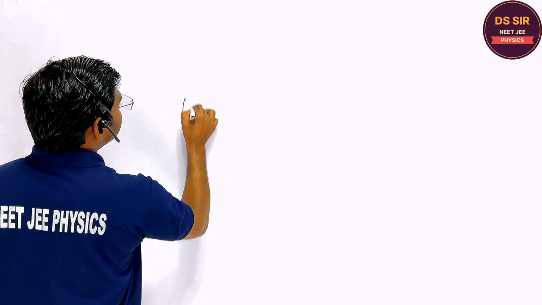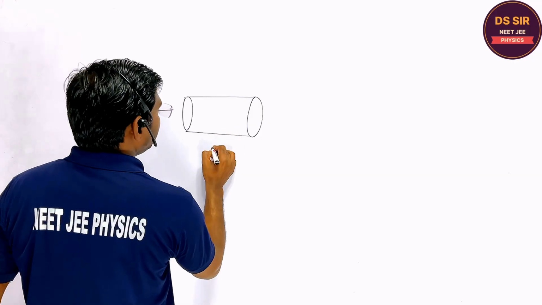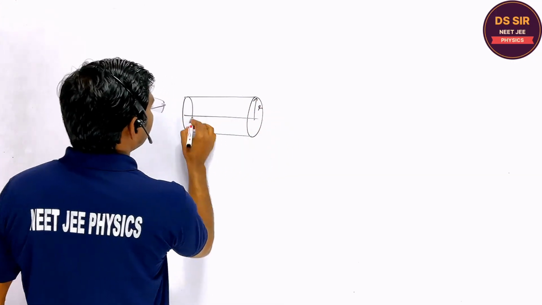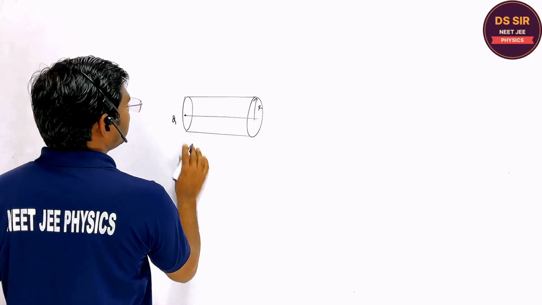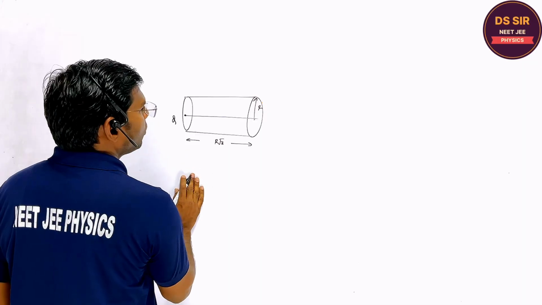For example, if this is the cylinder, right? This is the cylinder. The radius of this cylinder is assumed to be r, and on one end of the cylinder the charge q is placed, and the length of this cylinder is r root 3. Is it clear or not?